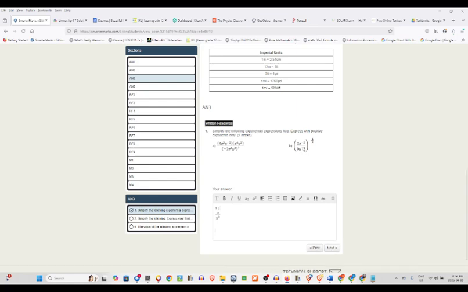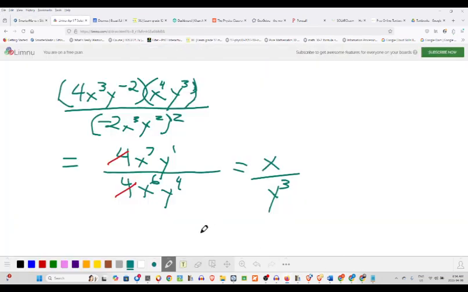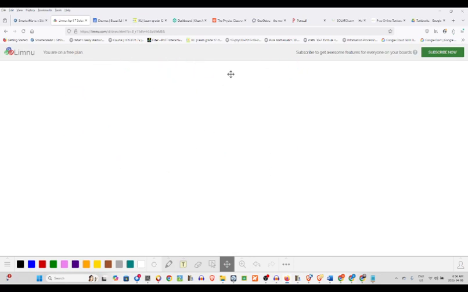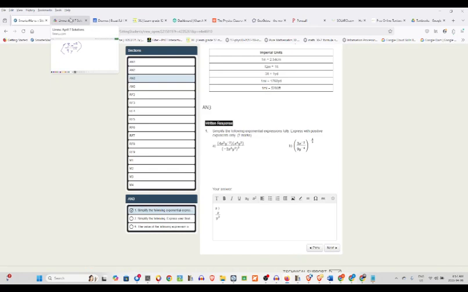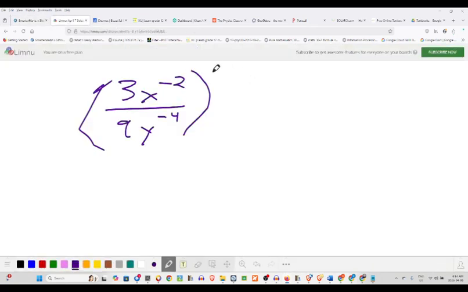Okay. Now B, 3x to the negative 2 over 9y to the negative 4. So 3x to the negative 2 over 9y to the negative 4. And that's, okay, a negative 4 over 2.